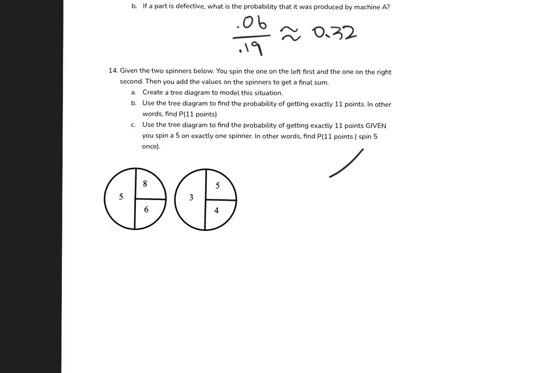So you have 3 possibilities here. You have a possibility of getting a 5, a possibility of getting an 8, and a possibility of getting a 6. The probabilities based on these diagrams: this is a 0.5, it's half the area. This is a 0.25, and this is a 0.25. And then off of each of these, we have 3 possibilities.